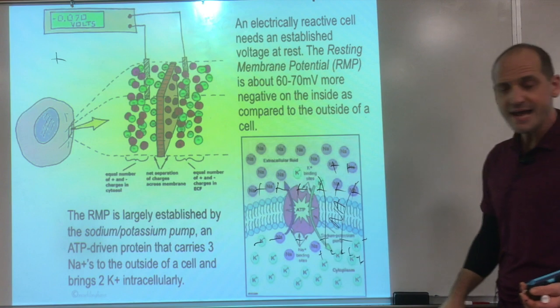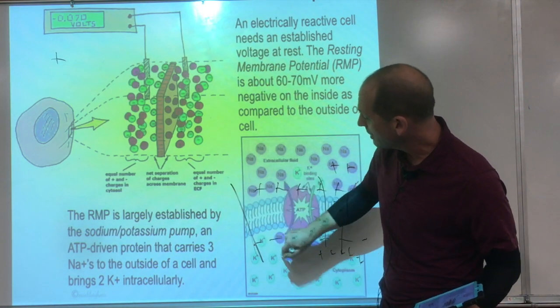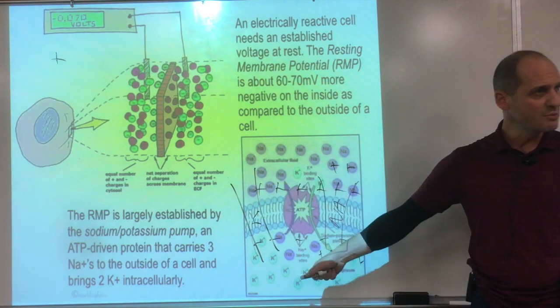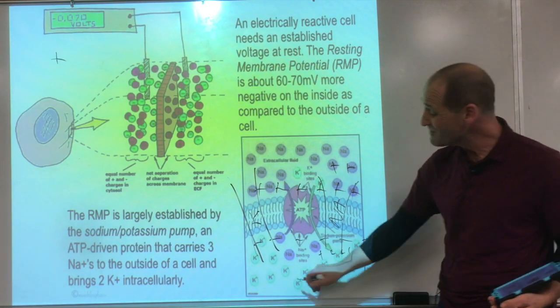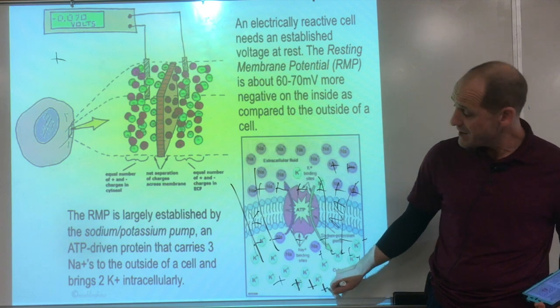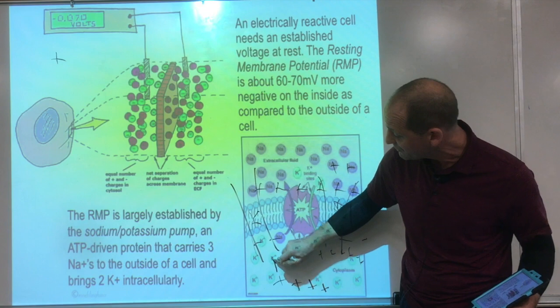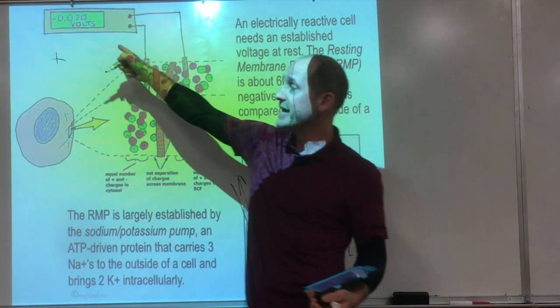And then a little bit later, another channel opens, and that other channel is for potassium. You've got all these potassiums on the inside. Now, the funny thing, which we always get confused about, is that the potassiums are also positive. But as a molecule they carry that positive charge back to the outside, bringing it back to the resting membrane potential.